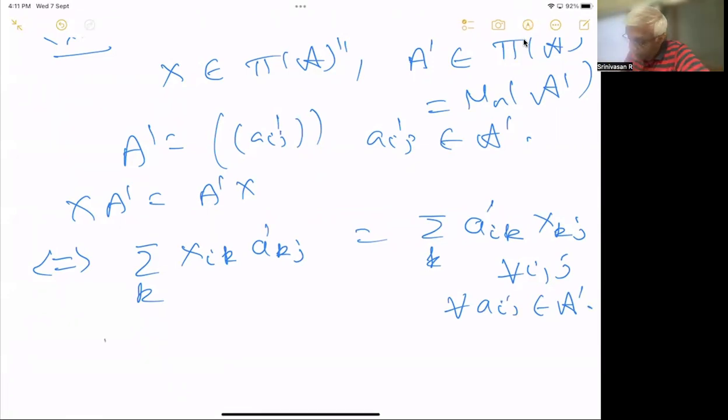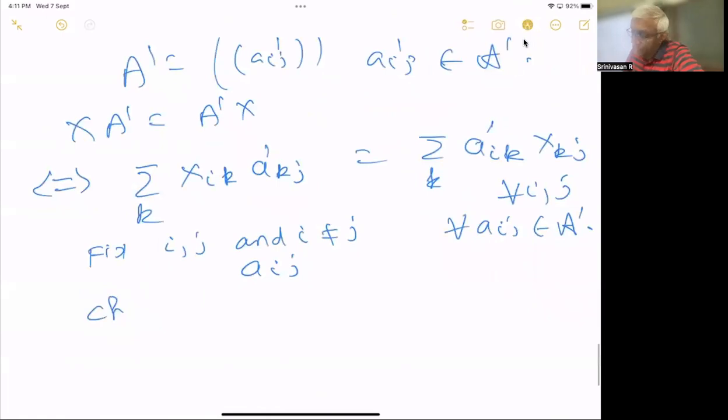Suppose you choose i not equal to j. Fix some i, j with i not equal to j, and fix an a_ij. It is some fixed element, but it's arbitrary.